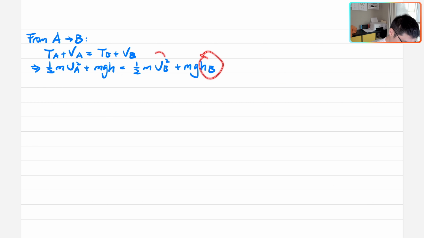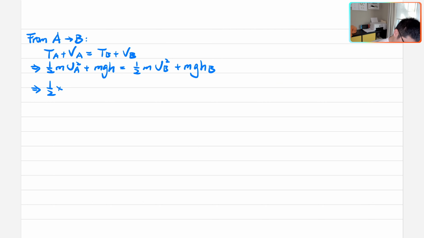And this vb will be substituted with the vb minimum from the previous page. So subbing the numbers here, times 9, plus 700.